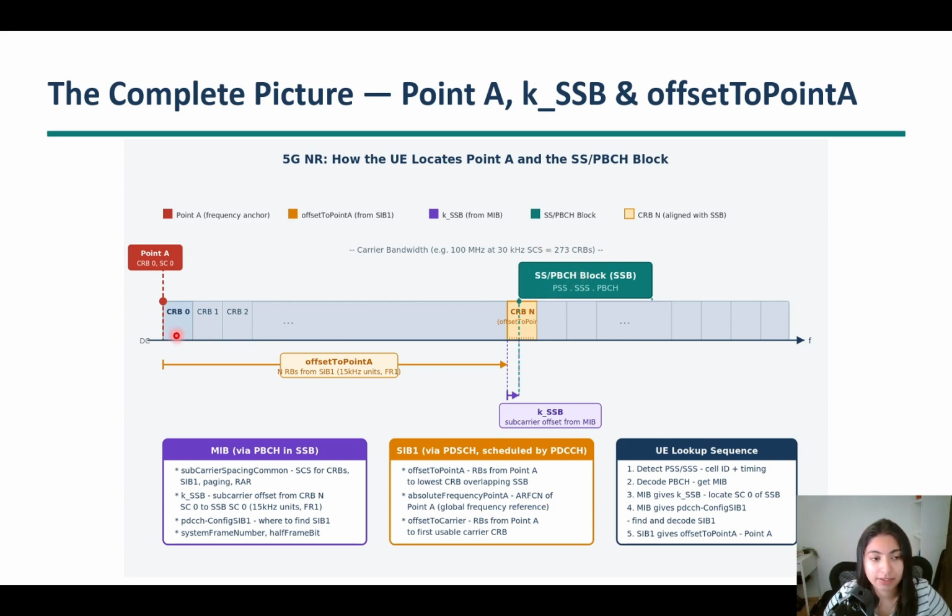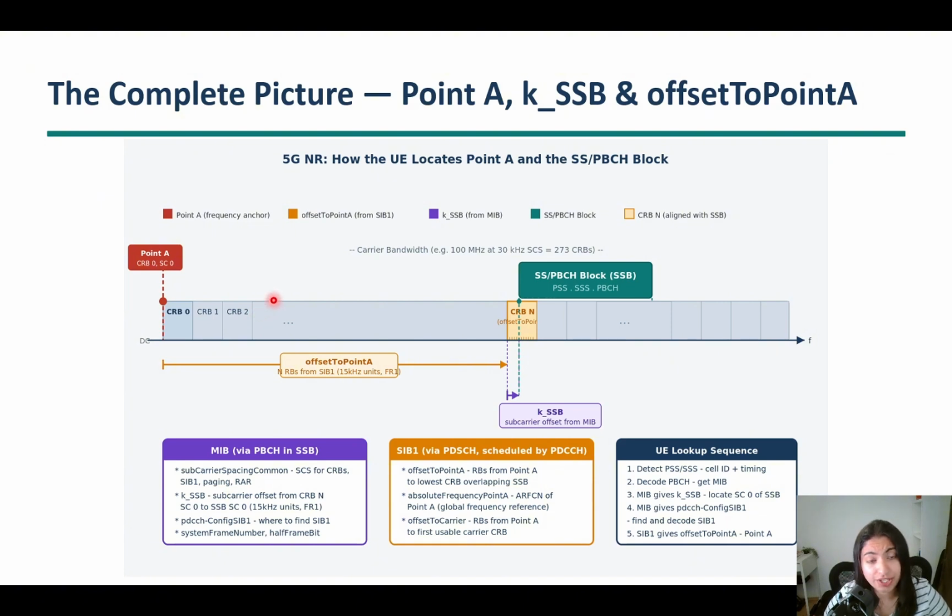By calculating back with offset to point A plus KSSB in subcarriers, you will get point A. Thus the UE knows the exact frequency location of the SSPBCH block after the initial cell search procedure, and by subtracting from this frequency location, the UE is able to find point A, which is the center of subcarrier 0 of CRB 0.